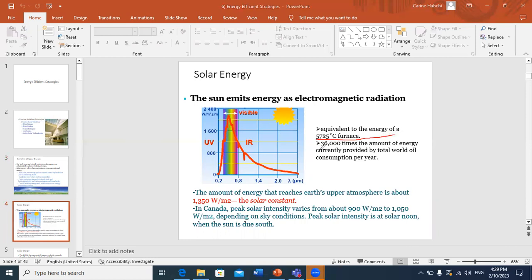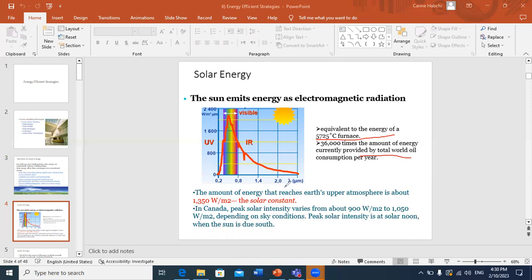And it's equal to 36,000 times the amount of energy currently provided by total world oil consumption per year. So if we can benefit from this energy, we can really avoid using any fossil fuels or oil or anything, because it is widely available, but what is missing is the tools to use it.